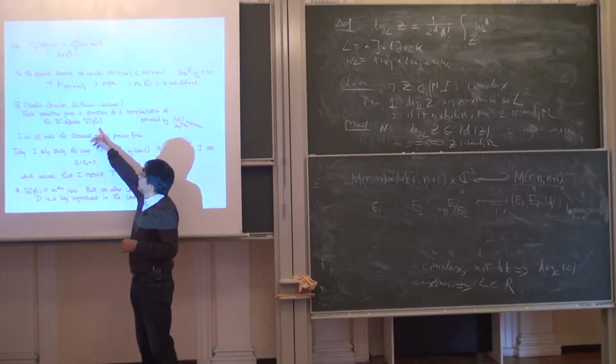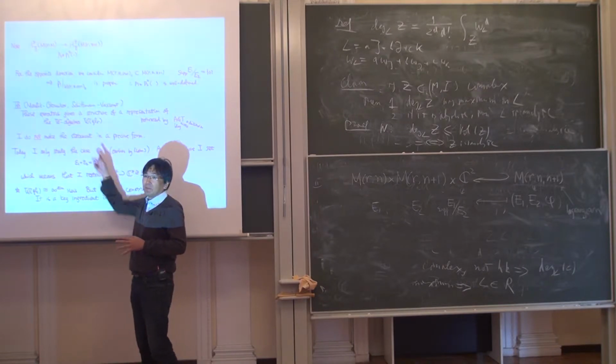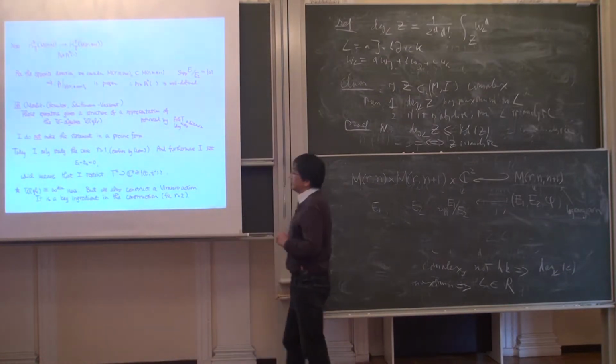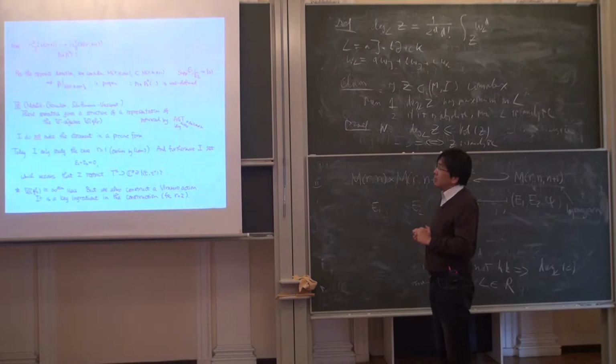When R equals 2, the W-algebra is the Virasoro algebra, which you may have heard about. The Virasoro algebra has infinitely many generators and, in fact, infinitely many defining relations. But anyway, you can write down the defining relations.